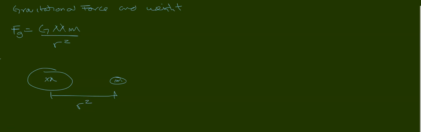So not squared, just the distance. Okay. The value of G that Newton found is 6.67 times 10 to the minus 11. And the units will be newton meter squared over kilogram squared.